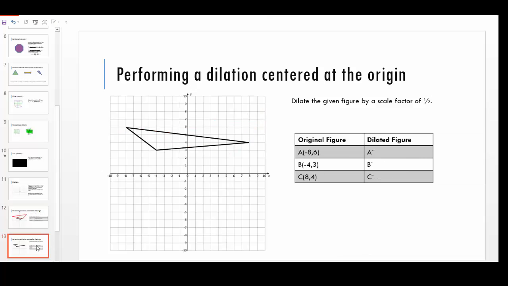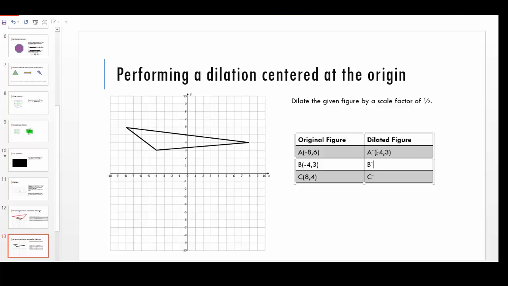So now for this figure, we're dilating by a scale factor of 1/2. We're still counting toward the origin horizontally and vertically. So let's see what happens. A's coordinate is -8, 6. So we know that it's 8 units away to the left. When we multiply by 1/2, the -8 is going to turn to a -4, and the 6 is going to turn into a 3.